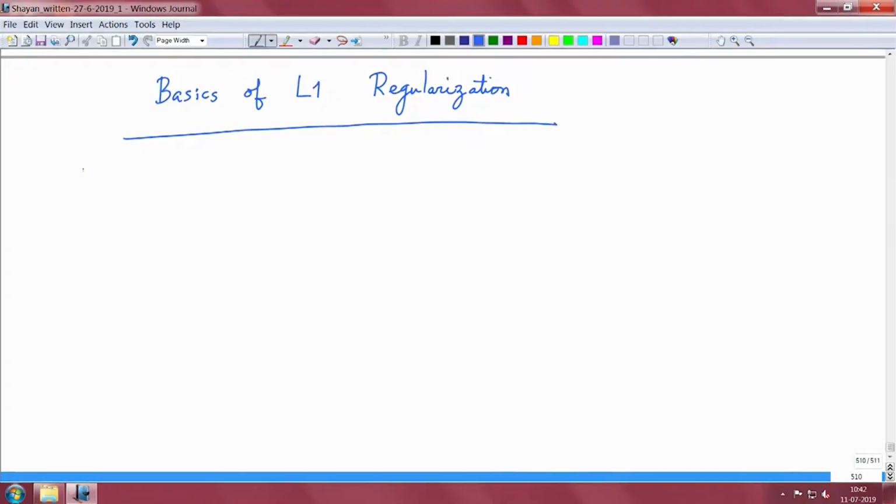Okay. Now, first and foremost, we would like to know what issues we may face with L2 regularization, right.